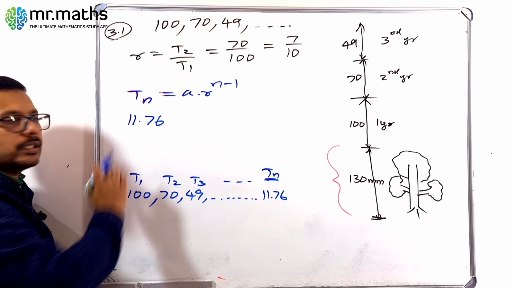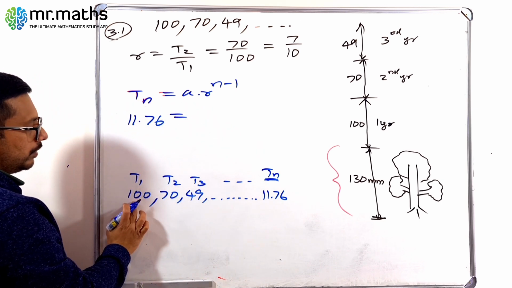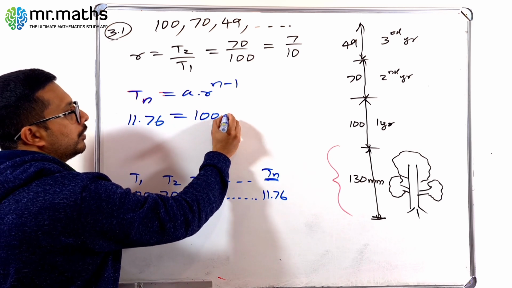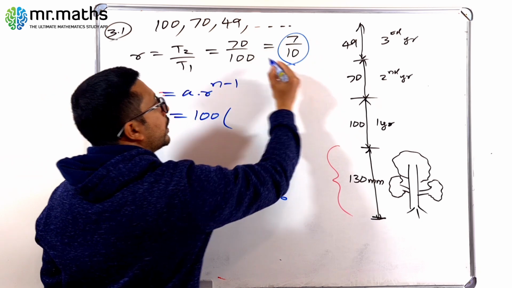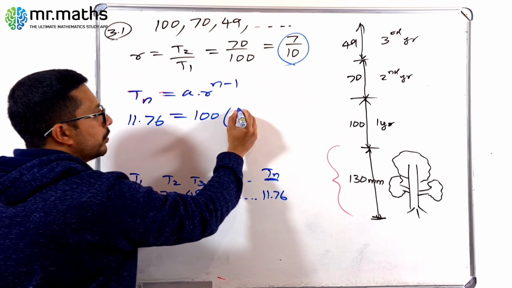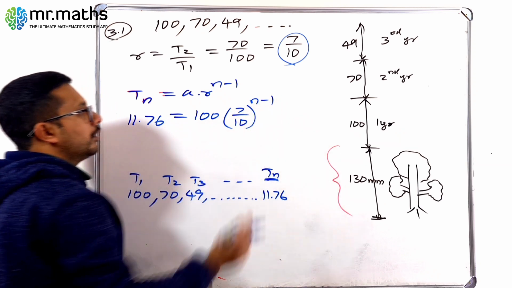So Tn, which is 11.76, is equal to A, the first term, 100, into r. We already found the value of r. What is that one? 7/10. So it is 7/10 raised to n minus 1.